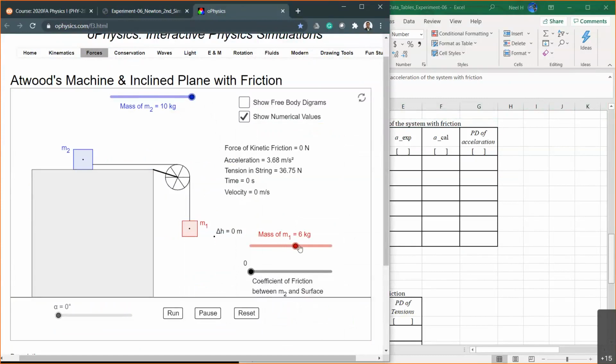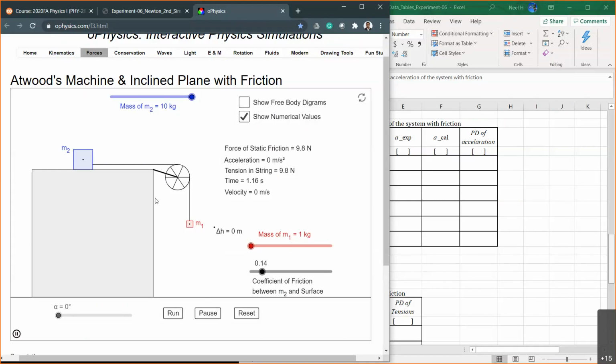For example, let's bring this back to 1 kilogram and apply a little bit of friction, not much, about 0.14, a small friction. Let's try whether it moves with 1 kilogram.